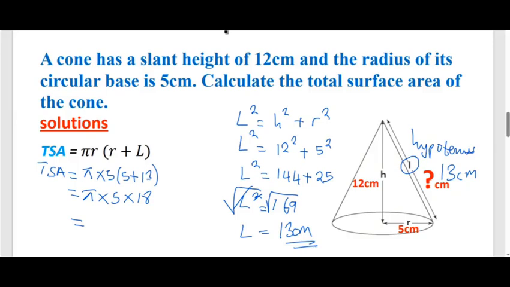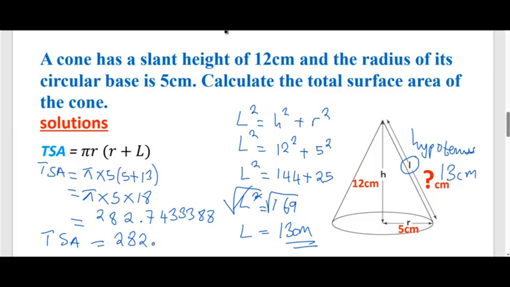When you multiply pi times 5 times 18, you get 282.743388. So for our final answer, total surface area is equal to, and you can leave the answer correct to 2 decimal places.